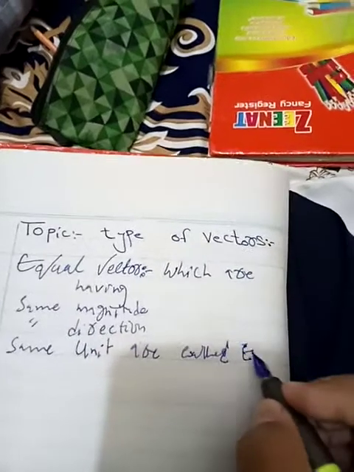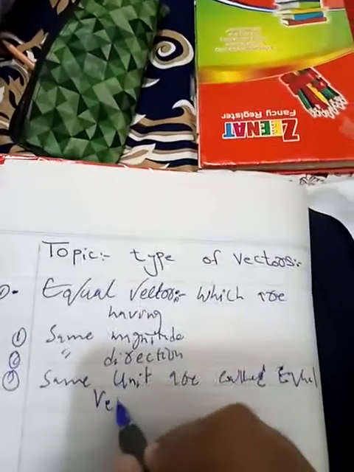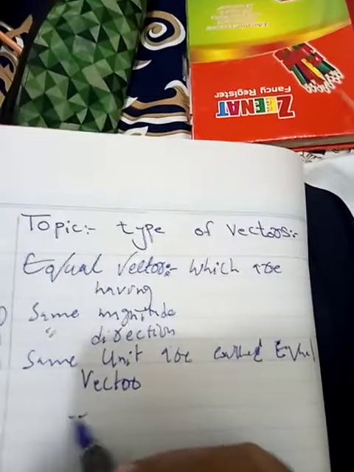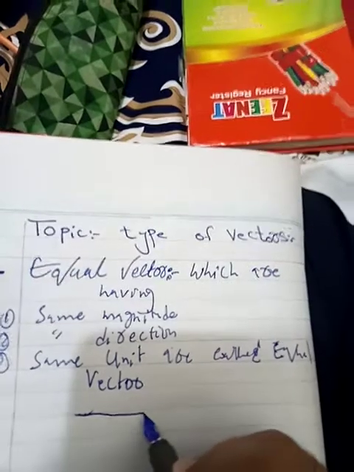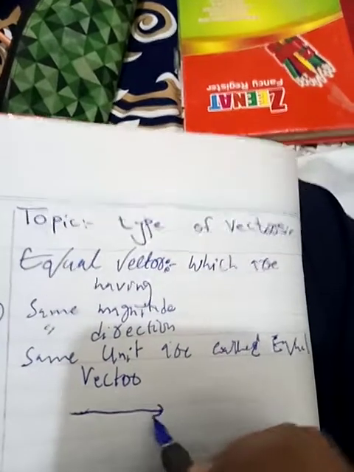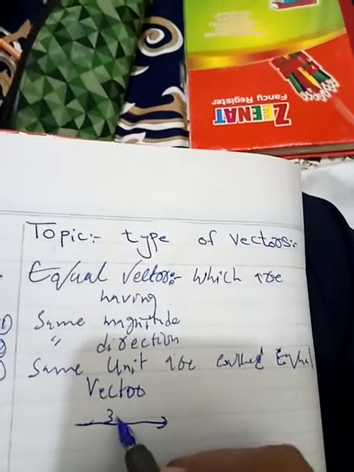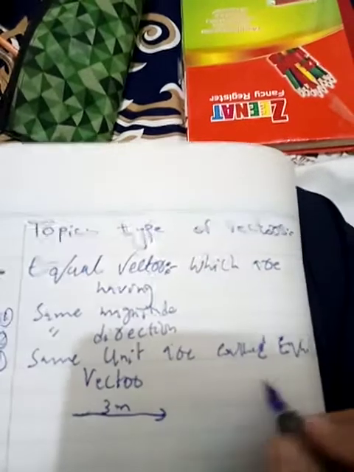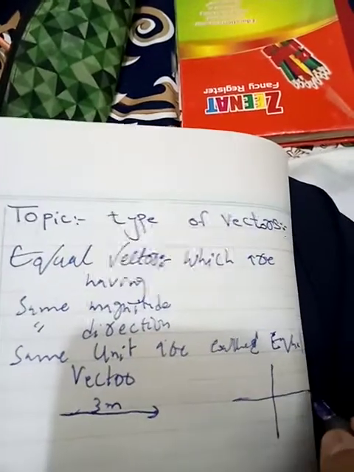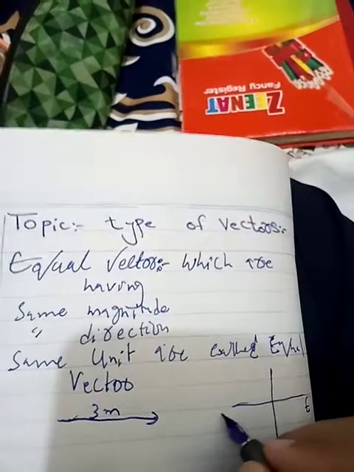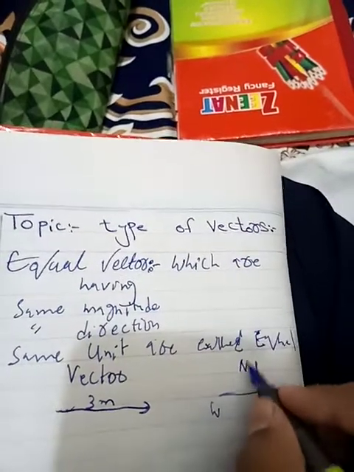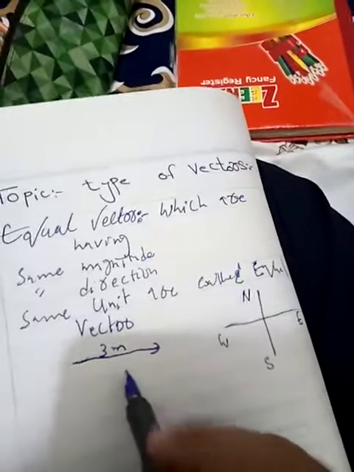So I will be drawing it. This one is an equal vector. For example, it moved 3 meter in the direction of east. So this one vector has moved towards east 3 meter.